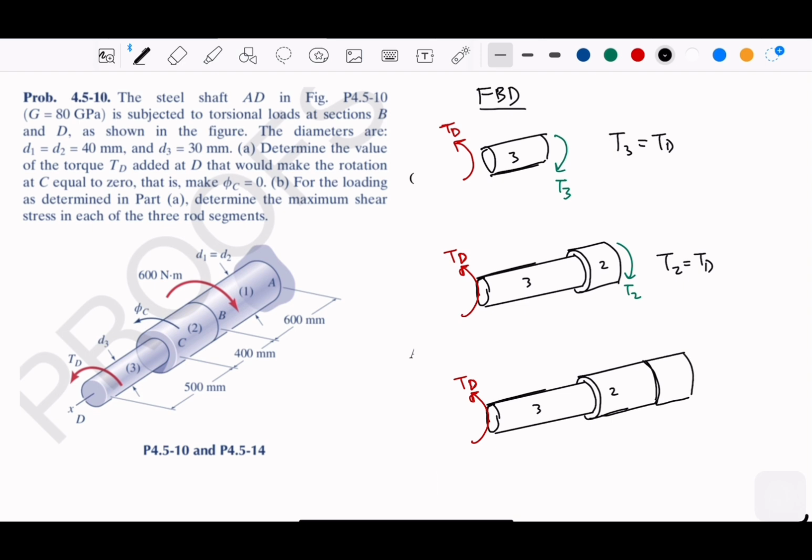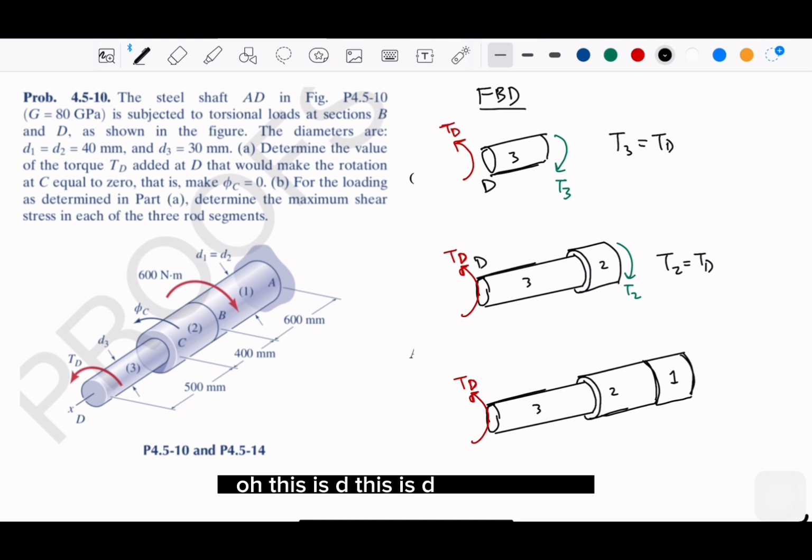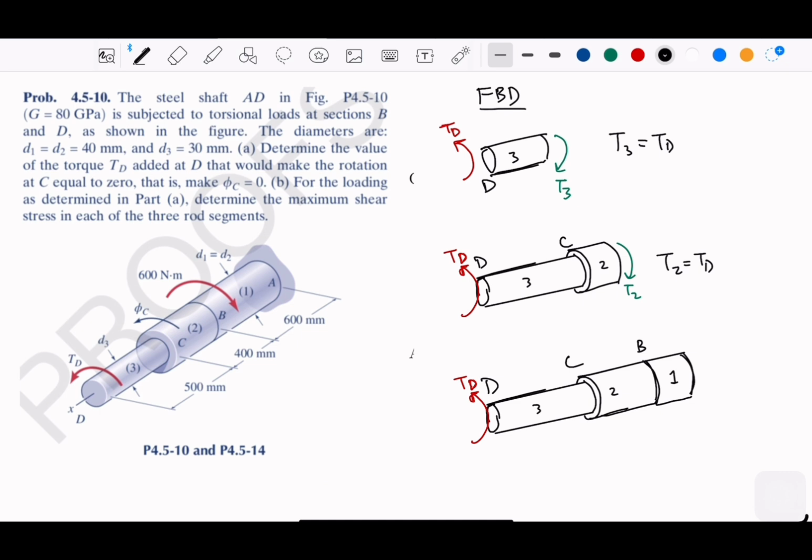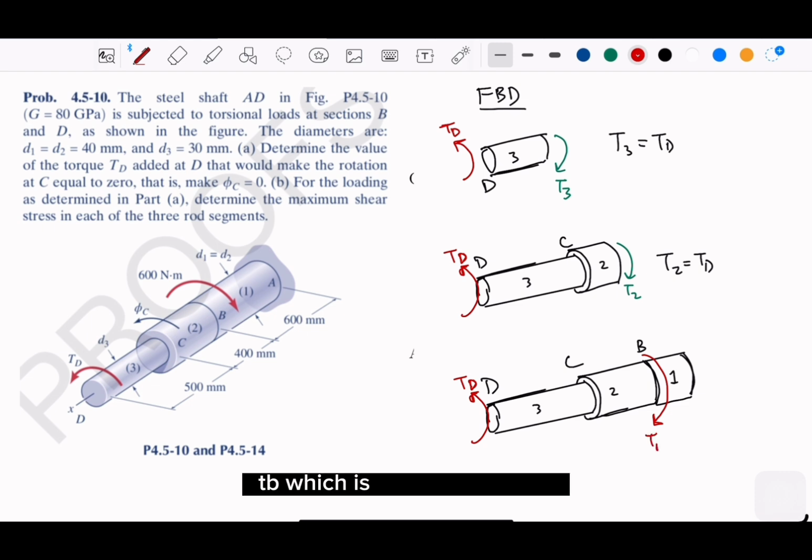Okay. This is D, C, E. And then another torque is here. This is TB, which is 600, right?